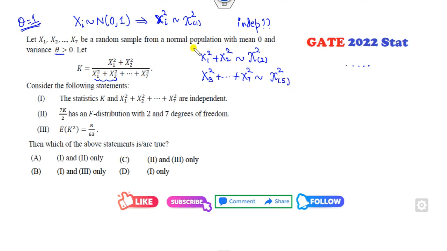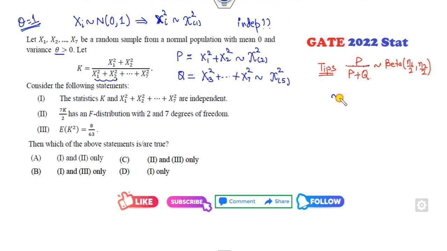Now you can see independence is not given to you. So if I call this P and this Q, what is P over P plus Q? Fine. If it is not independent, then it follows the beta distribution with the parameters being the degrees of freedom of the first case, that is, n1 over 2 and n2 over 2.